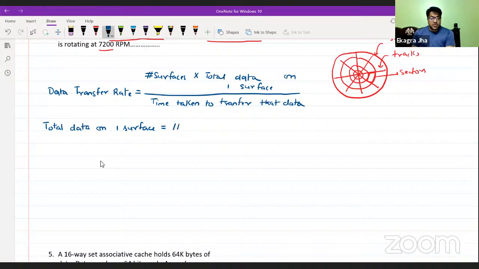So number of tracks multiplied by number of sectors per track multiplied by number of bytes per sector. This will give you the total data on one surface.